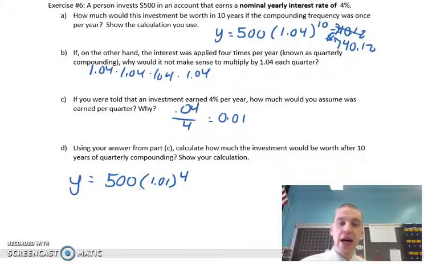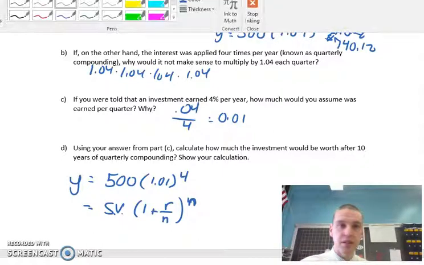Now, let's look at how we got that. We got our starting value. We know that we're adding, so we're going to do 1 plus. I knew our interest rate was 4%, but I divided it by the number of times it was compounded. So we did 4%, and we divided it by 4 because it was compounded 4 times. I raised that to the number of times it was compounded.